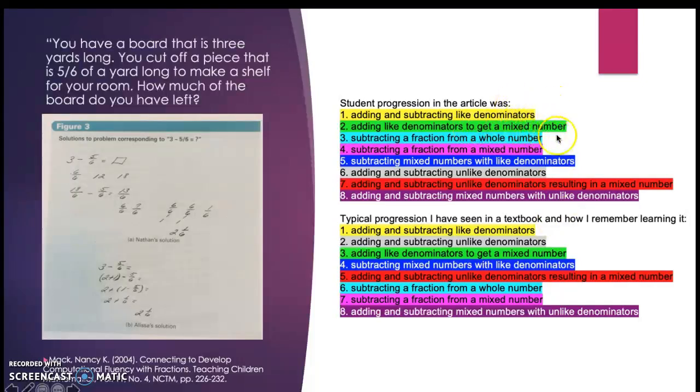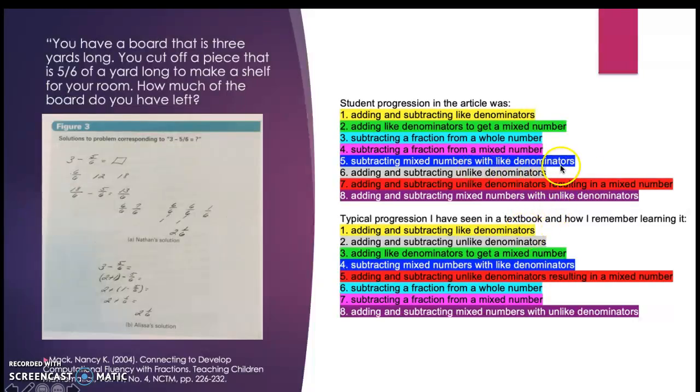The student progression's next step was adding fractions to get a mixed number. I have seen that textbooks just jump right into adding and subtracting unlike denominators. Up here, the students weren't ready for that step until step 6. So when we force students to follow a certain thinking sequence, their brains and their learning style might not be ready for it.